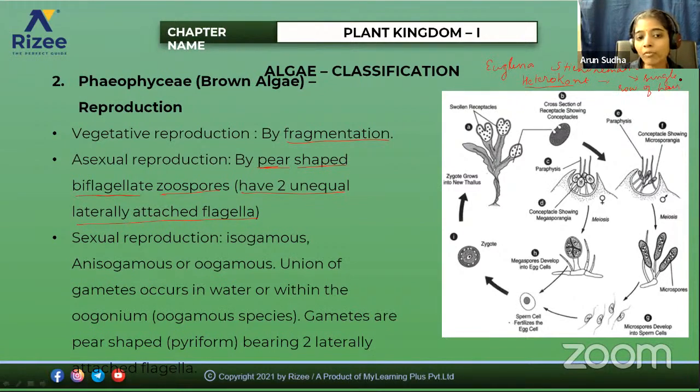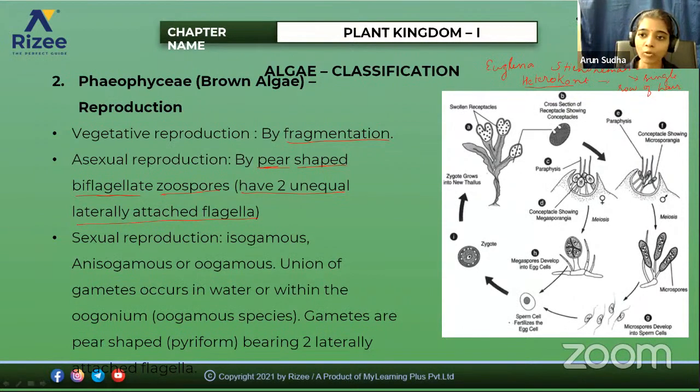Different types of organisms have different types of flagella, based on whether it is monoflagellate or diflagellate, one flagellum or two, and whether the flagella are of equal length or different length. So heterocont means the pair of flagella are of unequal length. Also, depending upon the number of hairs or the arrangement of the hairs on the flagella, there are different types.